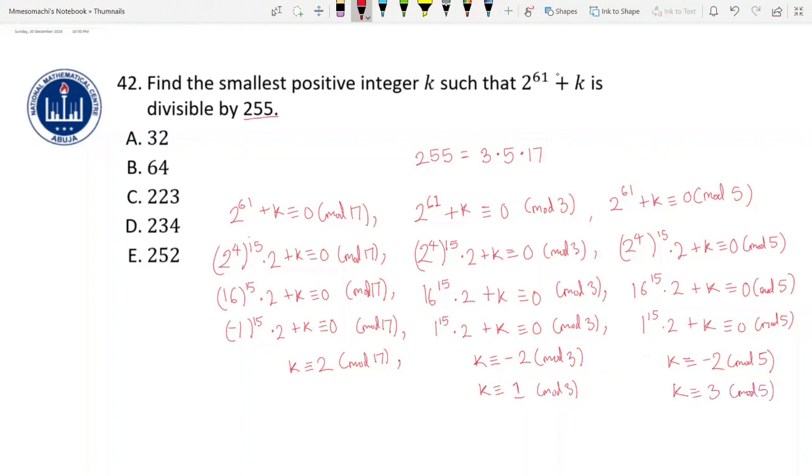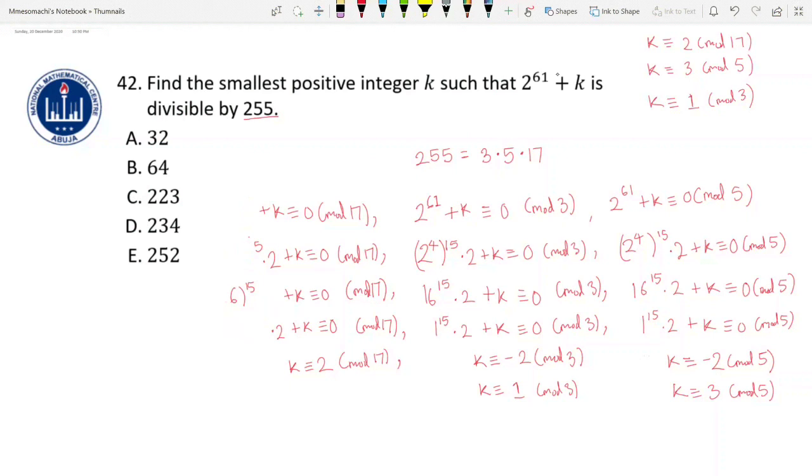So let me put them together: k congruent to 2 mod 17, k congruent to 3 mod 5, and k congruent to 1 mod 3.